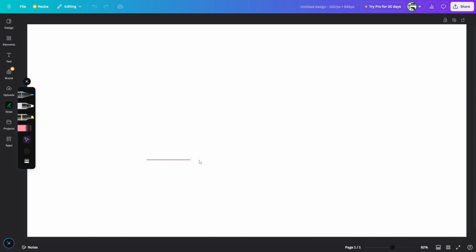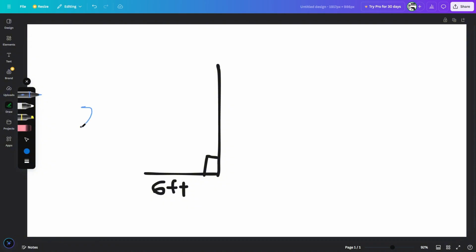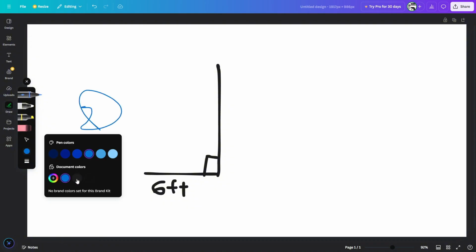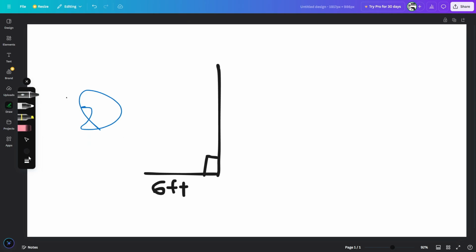So that means the foot of the ladder is 6 feet from the wall, and the height is 15 feet on the wall.